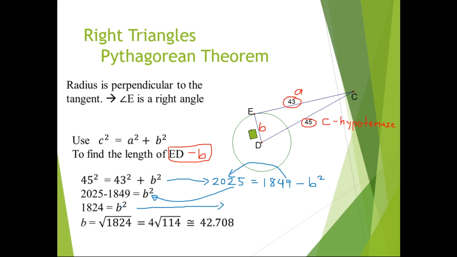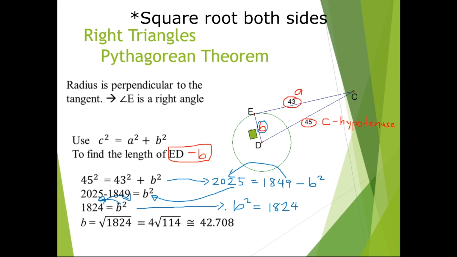Or you can interchange the sides. The left side is b squared, and the right side is 1824.